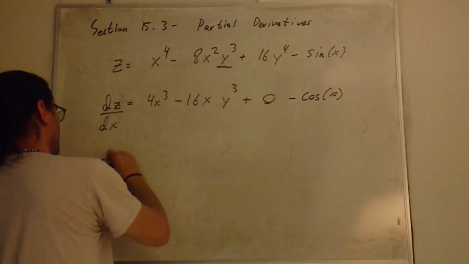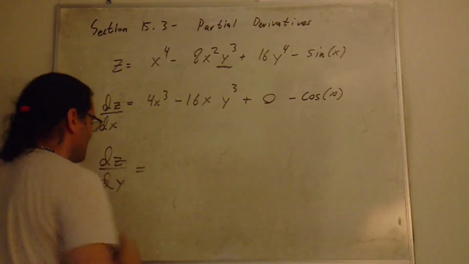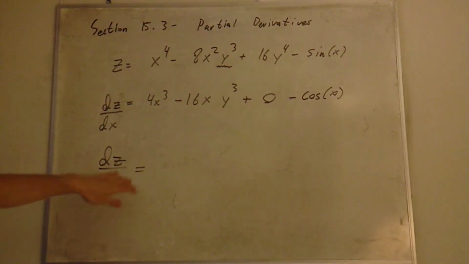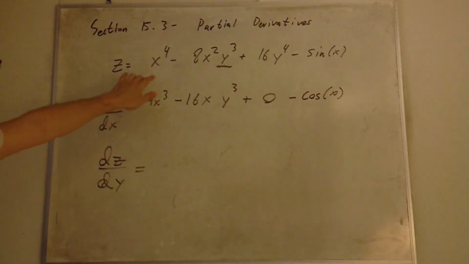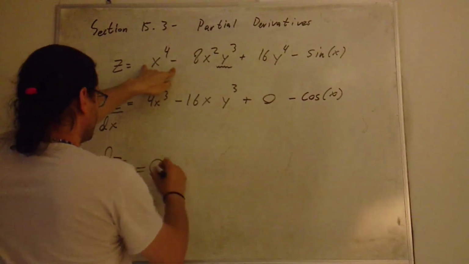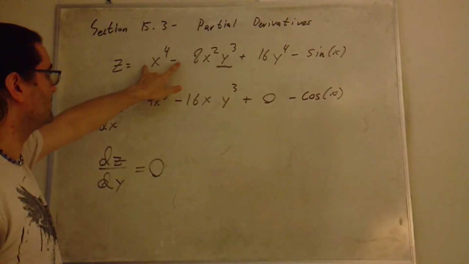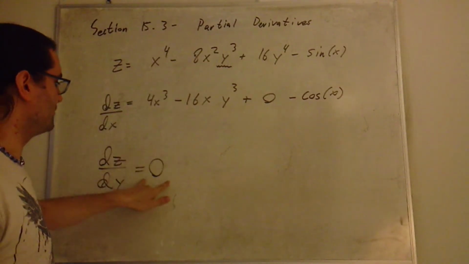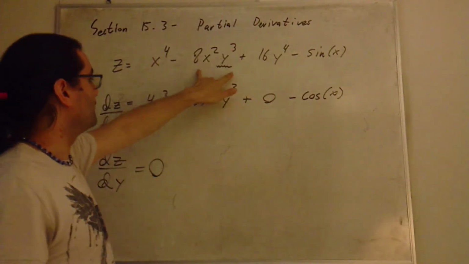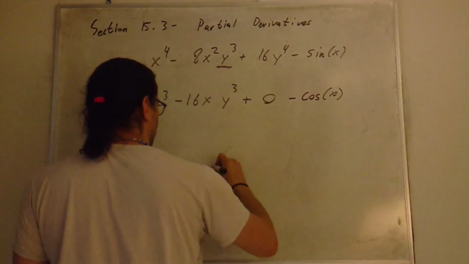We can also do a partial of z with respect to y. And that is going to be 0 for this first term, because there's no y's here. X is constant, derivative of the constant is 0. Derivative of this piece with respect to y, this is where we're going to pretend that this x is like a coefficient.